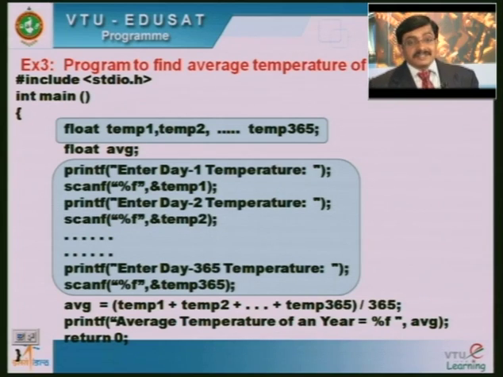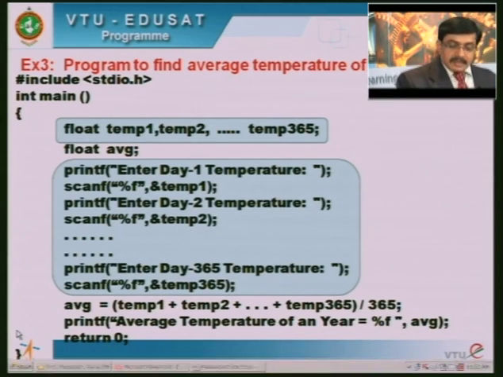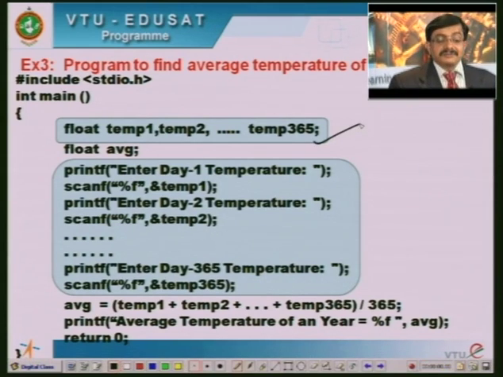Earlier we computed with the 7-day average temperature, then the 30-day average temperature, and now it is to compute the average temperature of a year. Here there are 365 different days, so we need to sum all the 365 temperatures and divide by 365. So we have 365 different variable declarations: temp1, temp2, temp3, up to temp365.